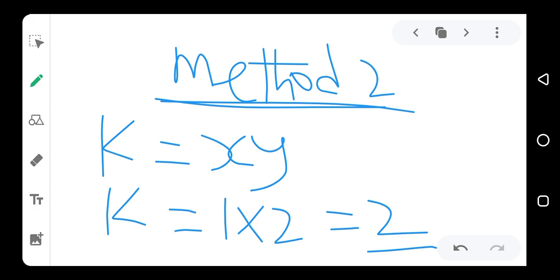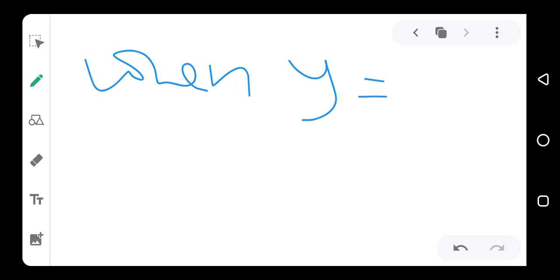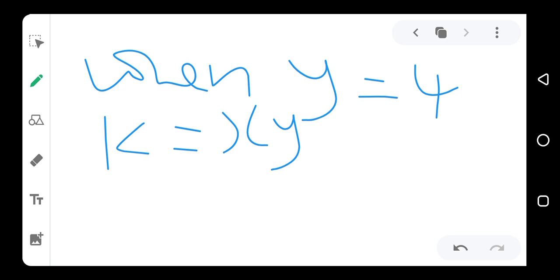Now for you to find x when y is equal to 4, that same equation, we know that k is equal to x, y, and we have gotten our k to be 2.